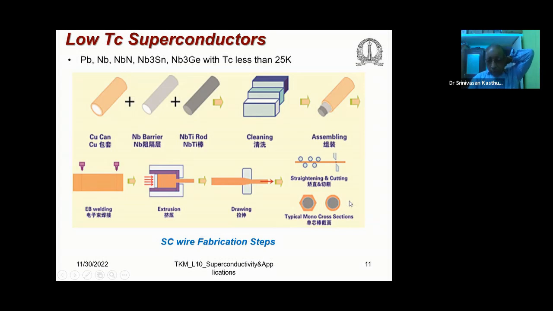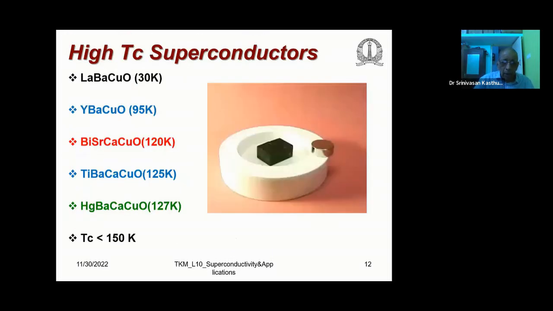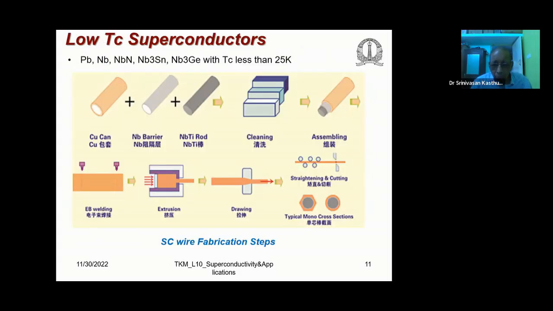Next, you assemble all of them together again. All these mono cross sections are assembled together, and the assembled version is again put inside a copper can, and then you do the extrusion process again.